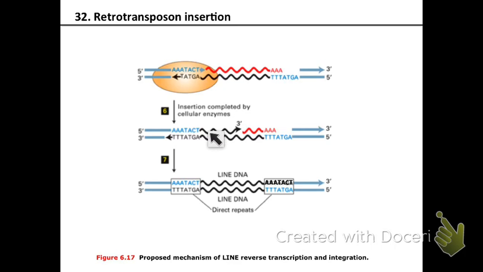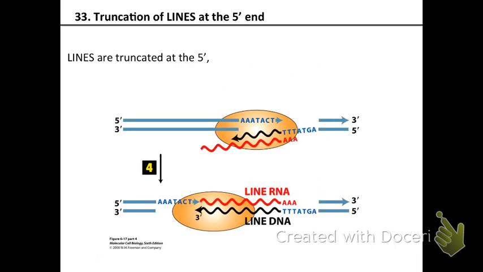And the way that they do that is they remove the LINE RNA, and use the 3' end of the other strand as a primer to extend and replicate so that it reaches the end and it gets ligated. And then what you have now is the LINE DNA inserted at the target site surrounded by 2 direct copies of the short insertion site that was created due to the staggered cuts. All right, so that's how that happens.